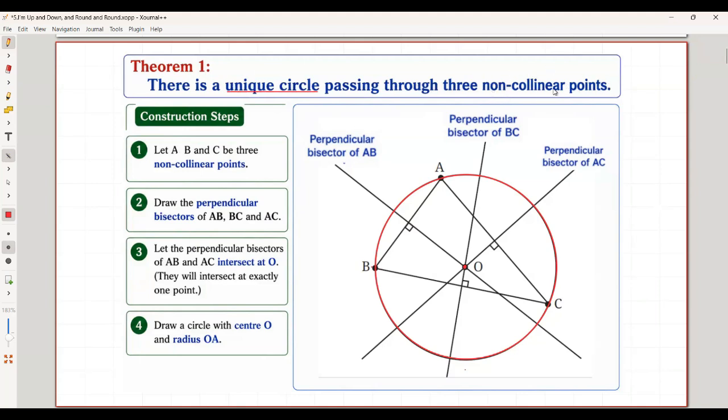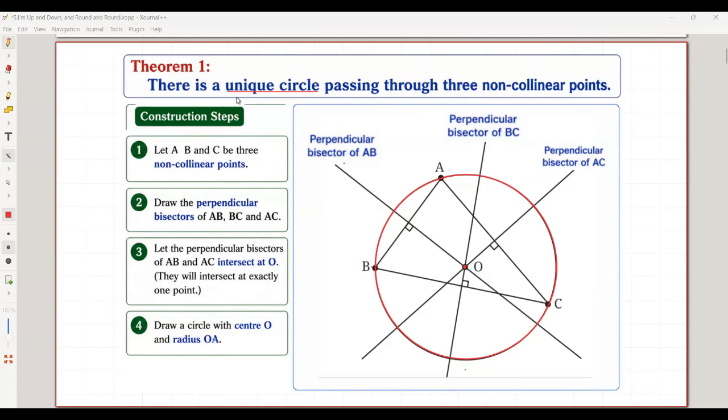Non-collinear means the three points will not lie on the same line segment, so they will be in different positions, like A, B, C. Collinear means three or more points lying on the same straight line. If they are non-collinear, the three points do not lie on the same straight line.